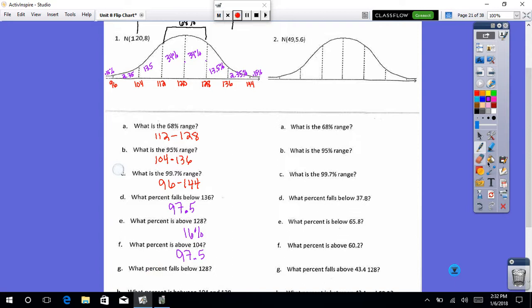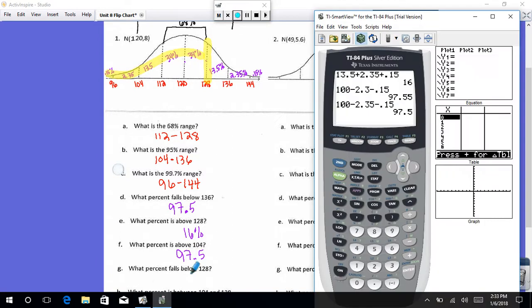Below 128, everybody below that. I have 34 plus 34 plus 13.5, 2.35, and 0.15. We are talking about 84%. So below 128, 84%.